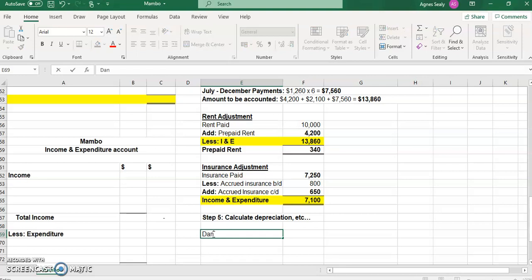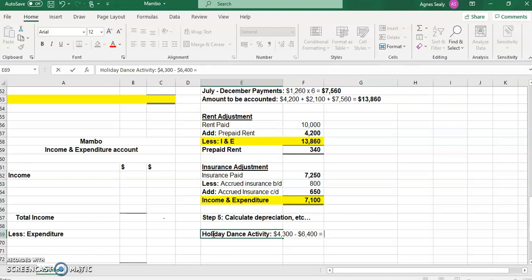So let's run this very quickly. We can do that. So dance, holiday dance activity. Let's see if we can make a profit or loss on that activity. They would have sold tickets for $4,300 and they had dance expenses of $6,400.